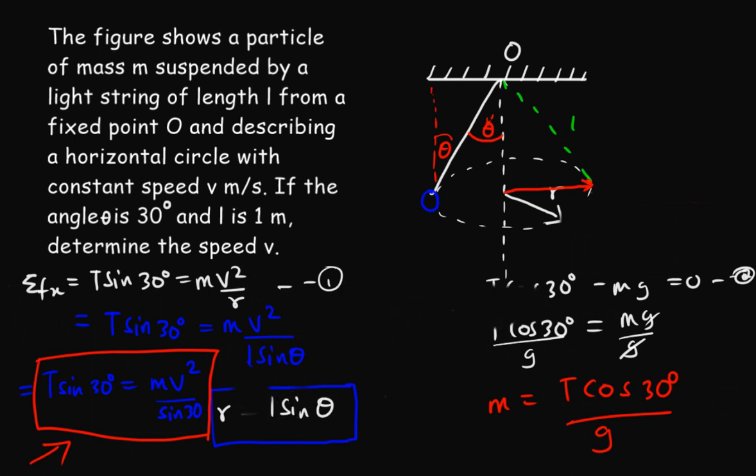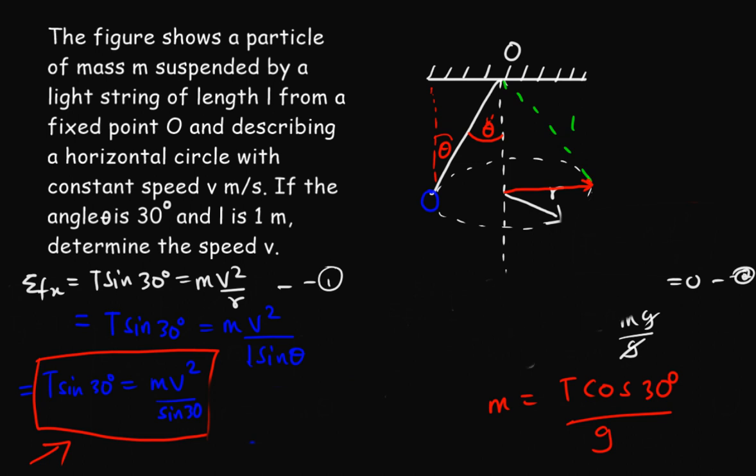So from equation 1, we have T sine 30 degrees equal to mv squared over sine 30 degrees. So the m there, we are going to substitute this new expression in place of m.